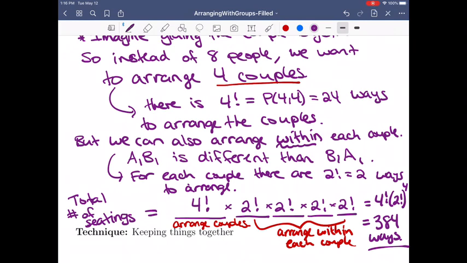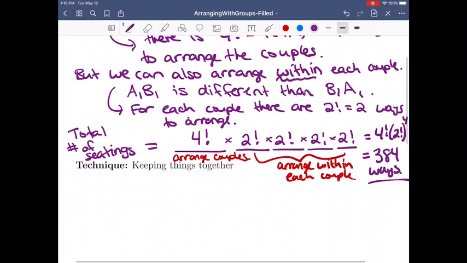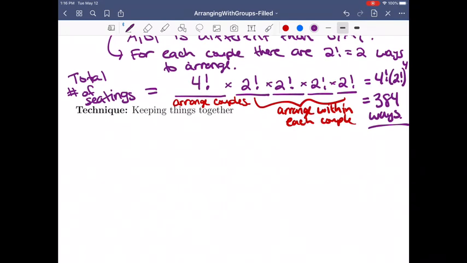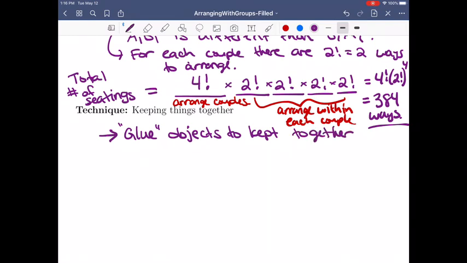So let's think about what we actually did when we were using this technique. So what does the technique look like? We want to keep things together. So what you want to do is think about gluing the objects to be kept together, and treat them as one object.